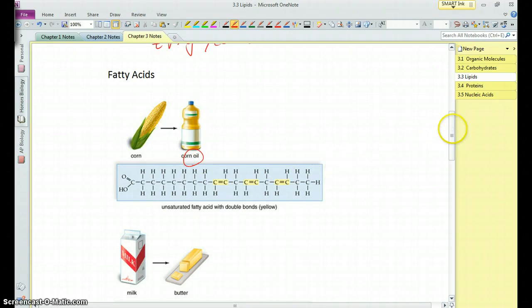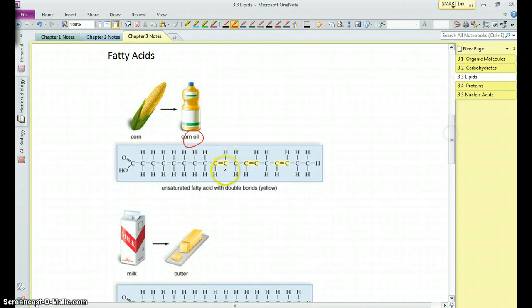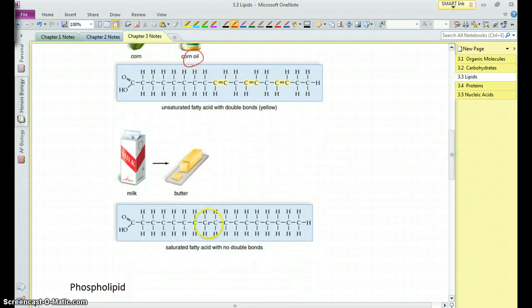It's not showing so well on our figure, but a double bonded carbon causes the molecule literally to bend instead of being straight. When there are no double bonds, the fatty acid is perfectly straight, and these are the kind of fatty acids you find in what are called fats.